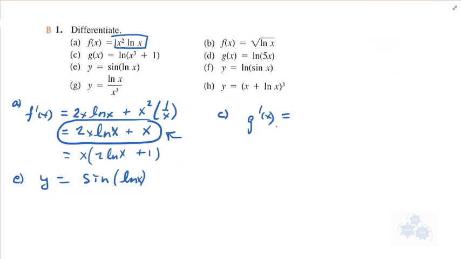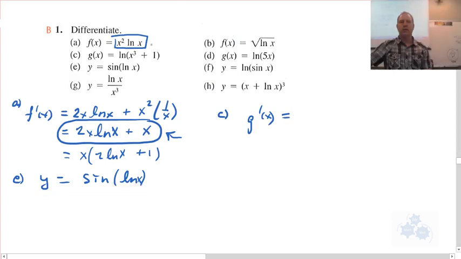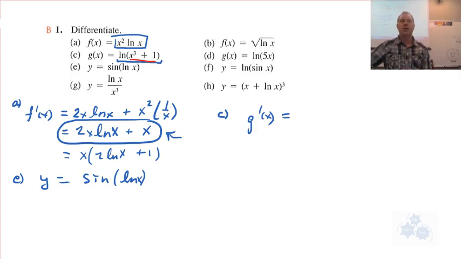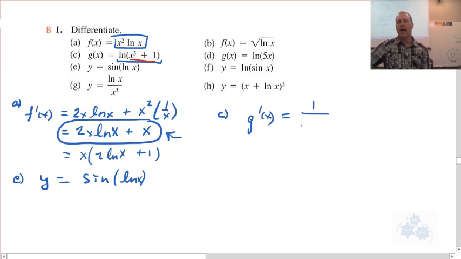Okay, so I'll do each of these step by step with you. All right, so for C, we have ln of x cubed plus 1. So there's an outer function there, and then there's an inner function. You see that? Outer, inner. So chain rule. The outer function is ln of something. So the derivative of ln of something is 1 over that something times the derivative of that something, right?